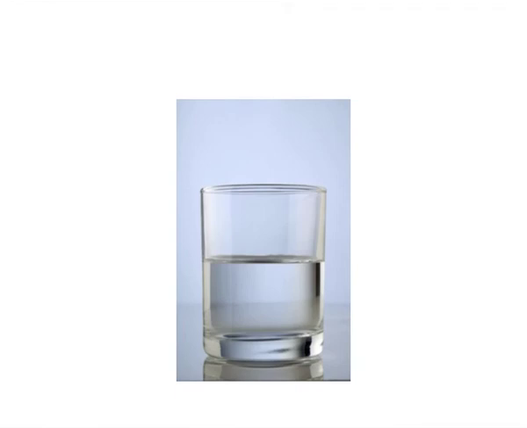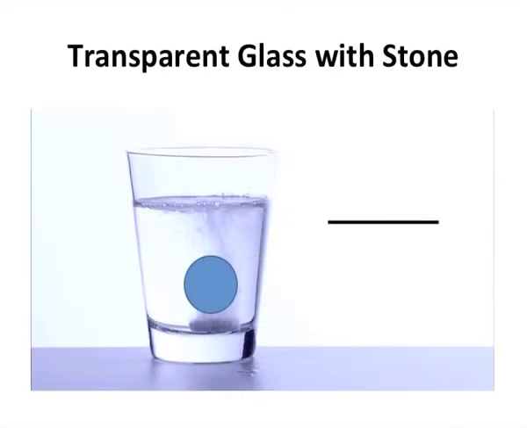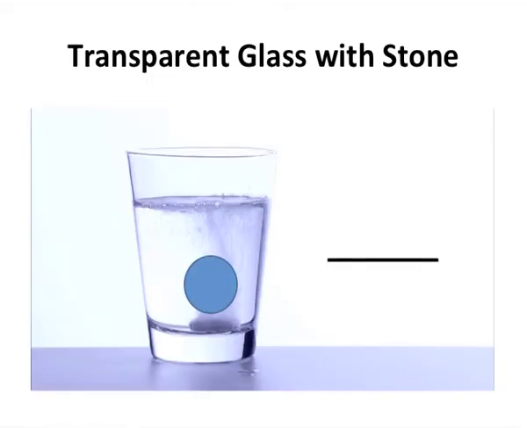Take a transparent glass and pour some water into it, say about half of it. Then observe its level and mark it on the glass surface. Now drop a piece of stone in it. Again observe the water level and mark it. What do you observe? You observe that the level of water in the glass has gone up.